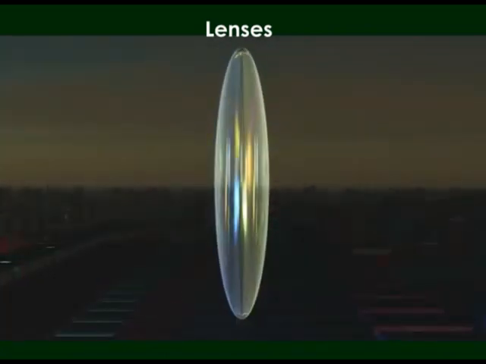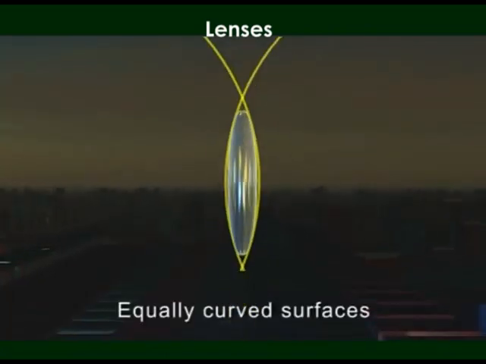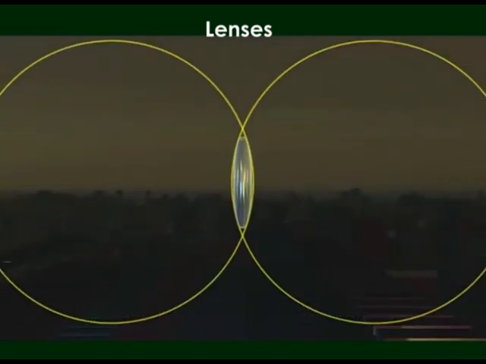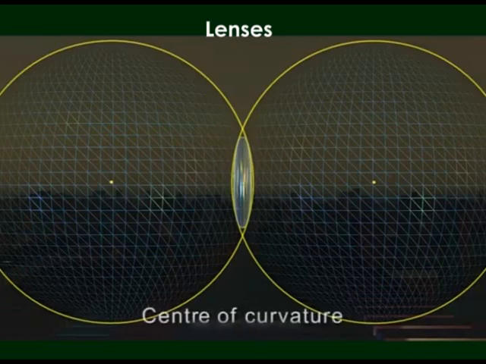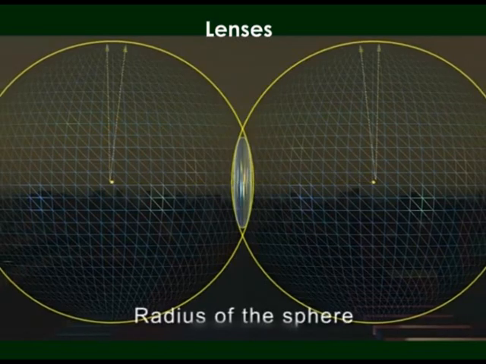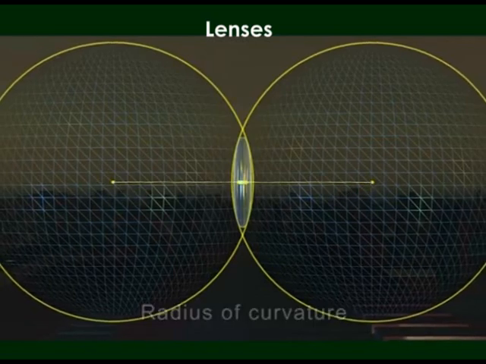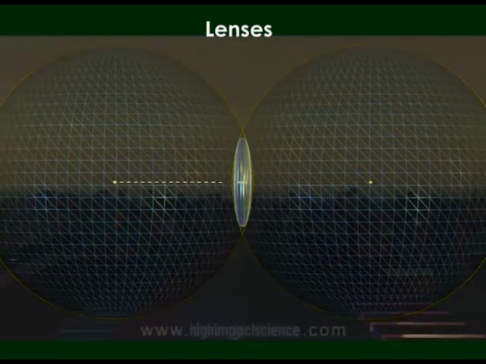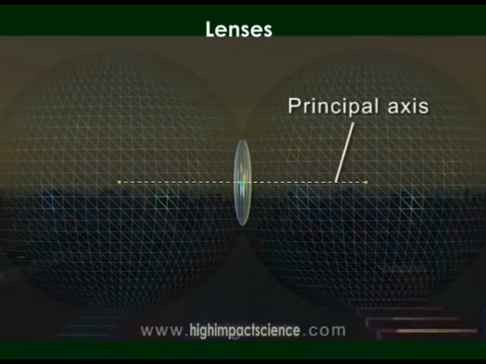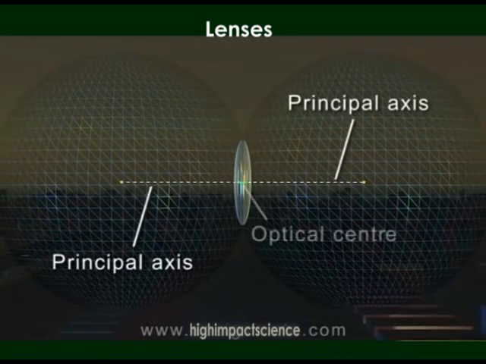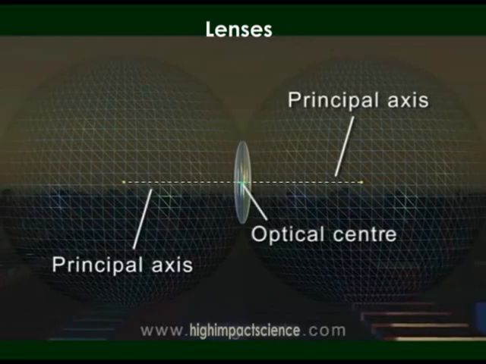We can consider this equally curved surface of the lens to be small parts of spheres. The center of these spheres is called the center of curvature of the lens. The radius of the sphere is known as the radius of curvature of the lens. A line joining the center of curvature on both sides of the lens is called the principal axis, which passes through the optical center of the lens.